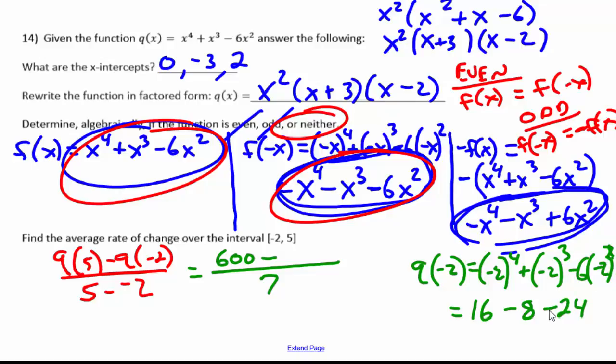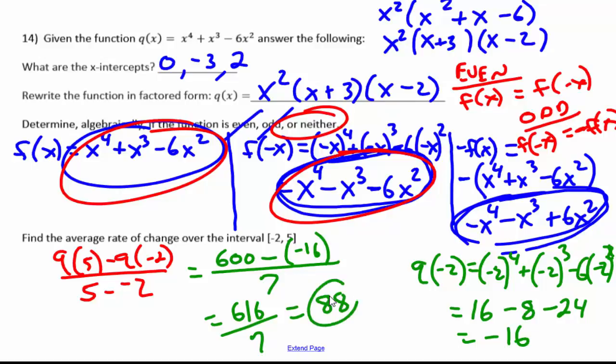So I have 16 minus 32, I have negative 16. So I have 600 minus negative 16. That's 616. 616 divided by 7 comes out to be 88. So the average rate of change over the interval negative 2 to 5 for this function is a positive 88. It's a very steep slope.